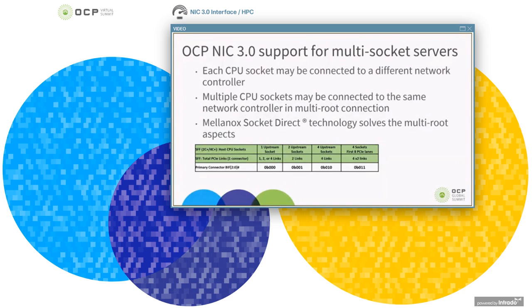Mellanox introduced Socket Direct technology, which solves the multi-host aspects as illustrated below in the table taken directly from the OCP NIC 3.0 spec that shows the exact encoding of multi-sockets which support 2 or even 4 sockets connecting to a single network controller device.